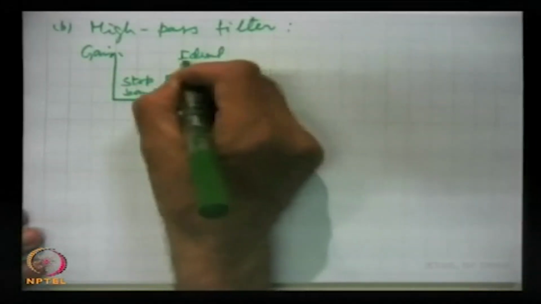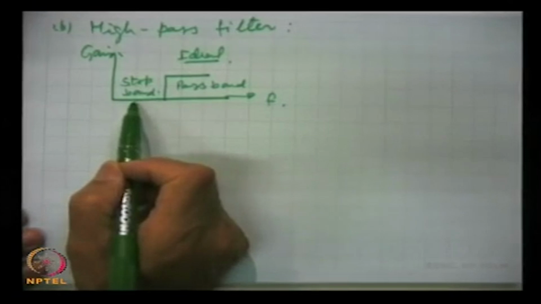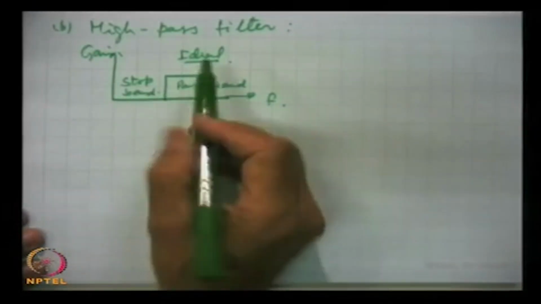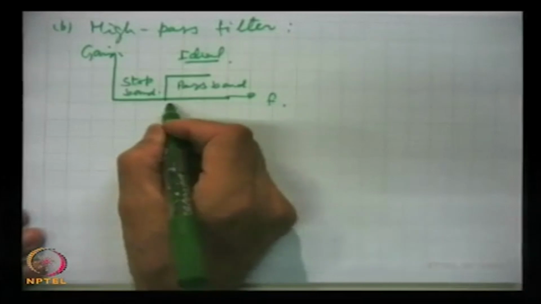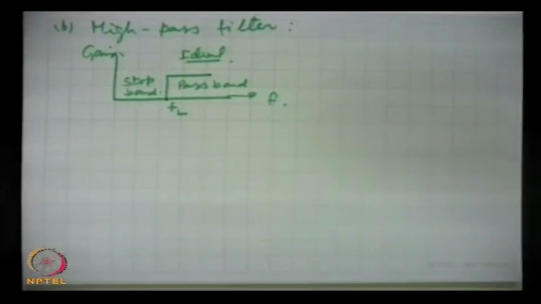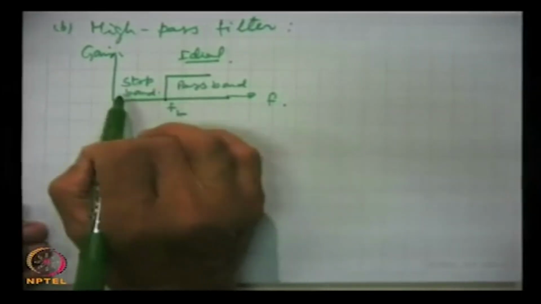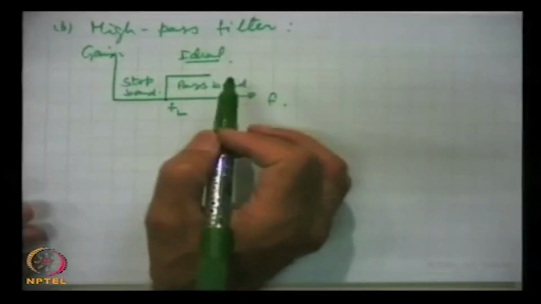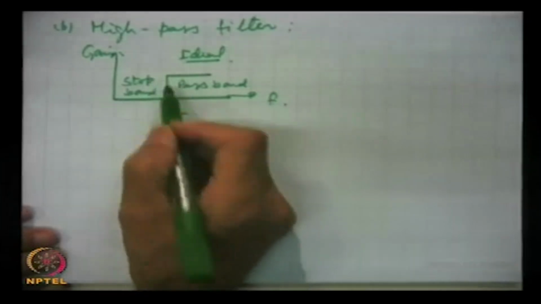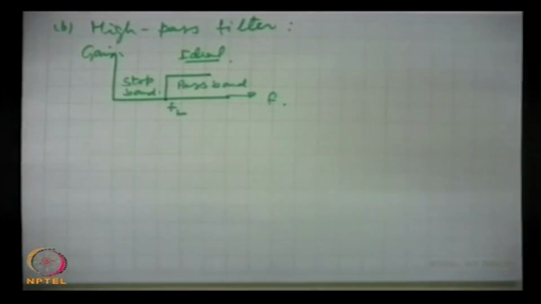So, this is the ideal filter where the attenuation in the stop band is infinity, and from this frequency, which is the lowest frequency from where the pass band starts, the attenuation is 0. But this 0 and infinity are again ideal, and this sharp boundary between stop band and pass band is also only ideal.